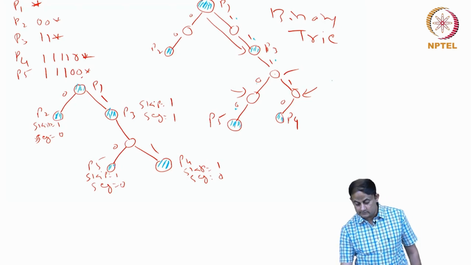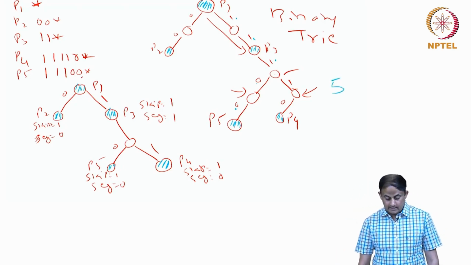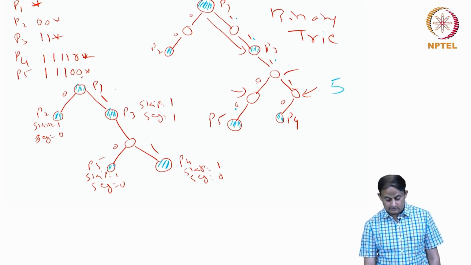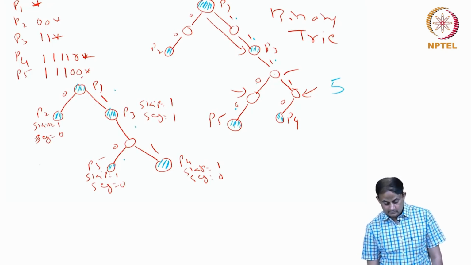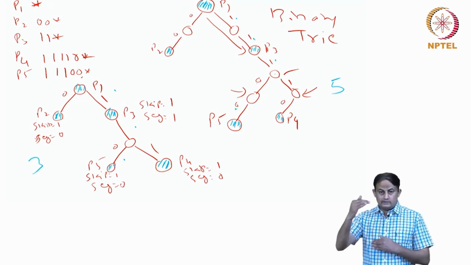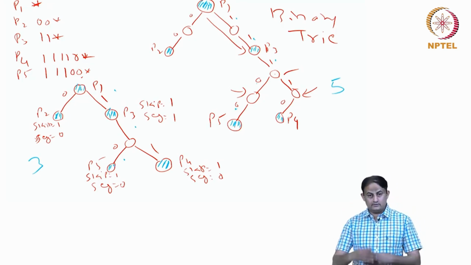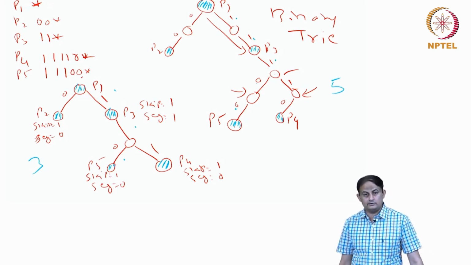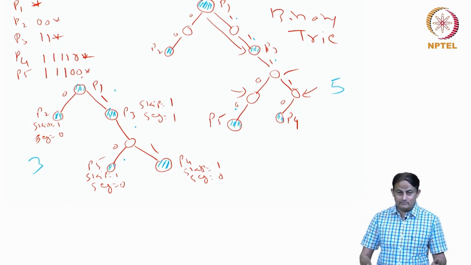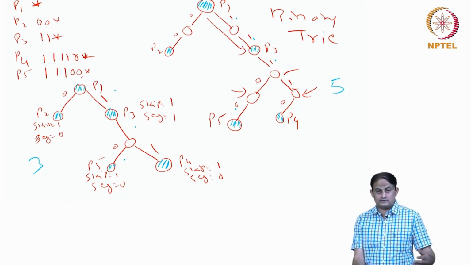That is the height, 5 is the height of this binary trie, and from that we got a structure which is 1, 2 and 3, just having the height of 3. So 2 pointer references we got rid of, and that reduces the height of the tree, and then you are able to do the comparison with the minimal number, at minimal in the sense that it is the best that we can do, at least using this structure.